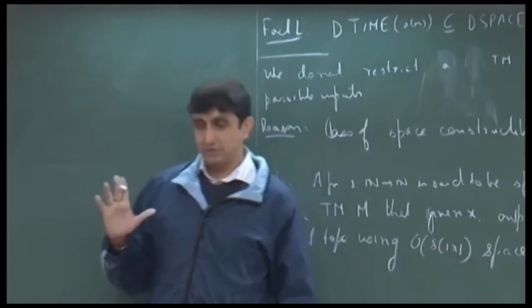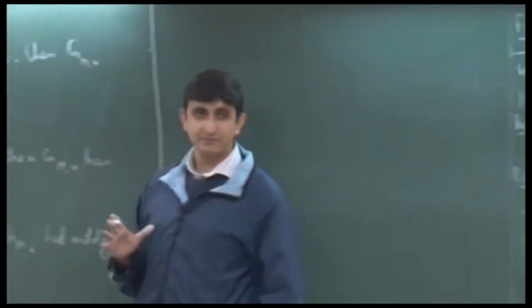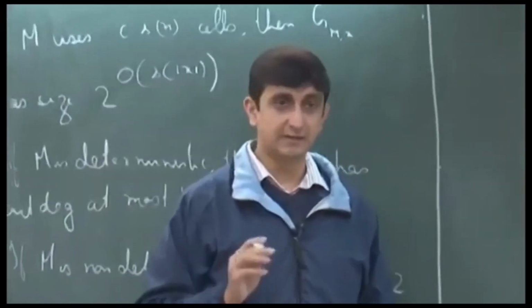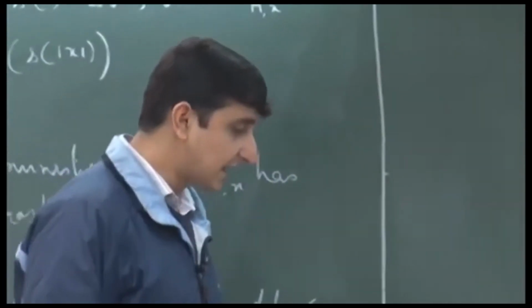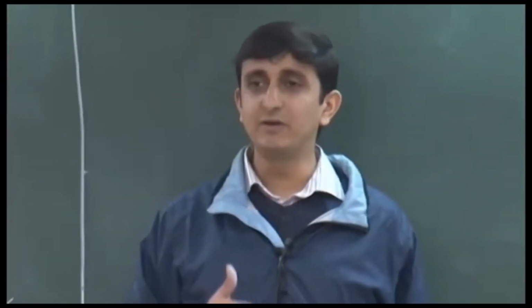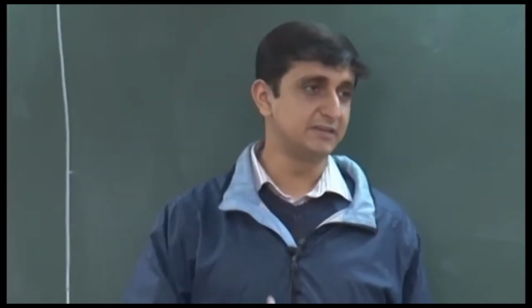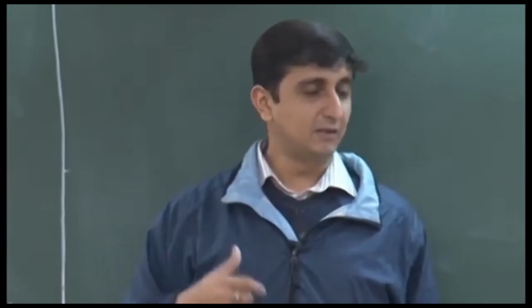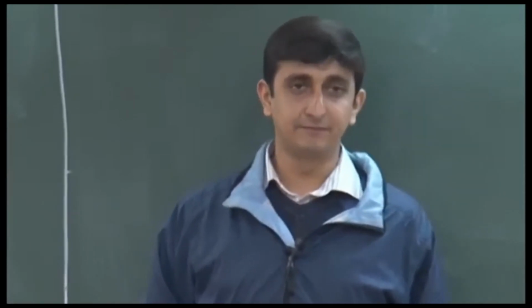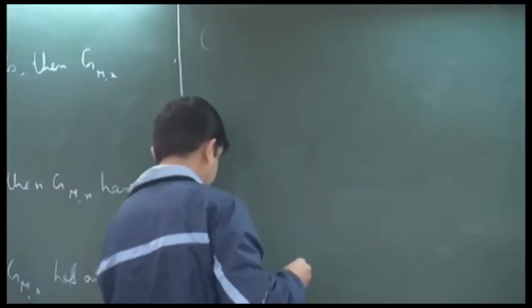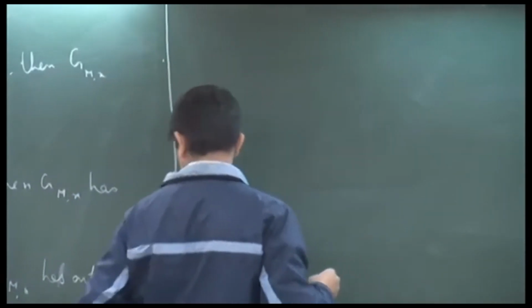Right. Your idea is essentially correct, but we have to be a little bit careful about fixing certain things. Our start configuration is unique. Once you fix an x, there is always a unique start configuration, that is, the machine is in the start state, all the input heads are at the first location, and the work cell is completely empty. So, there is a unique configuration corresponding to the start configuration.